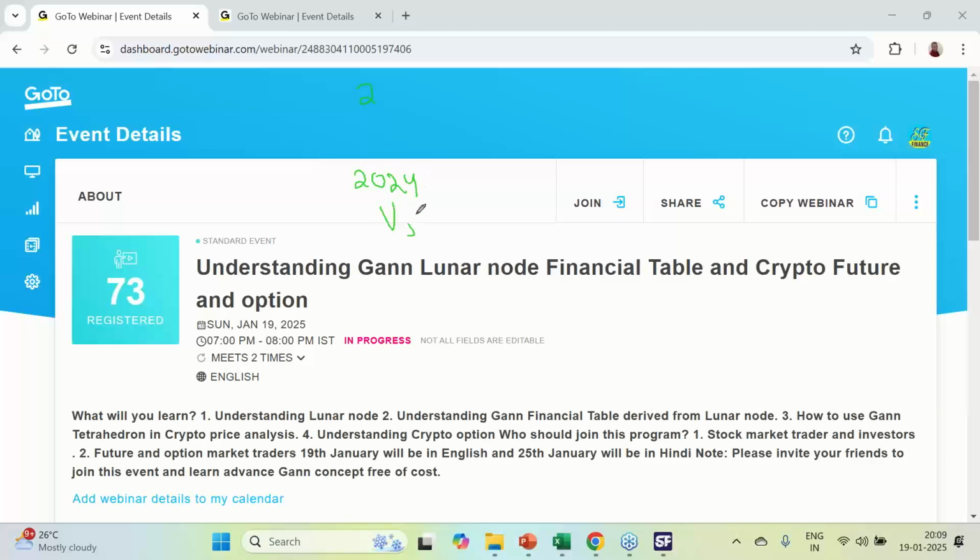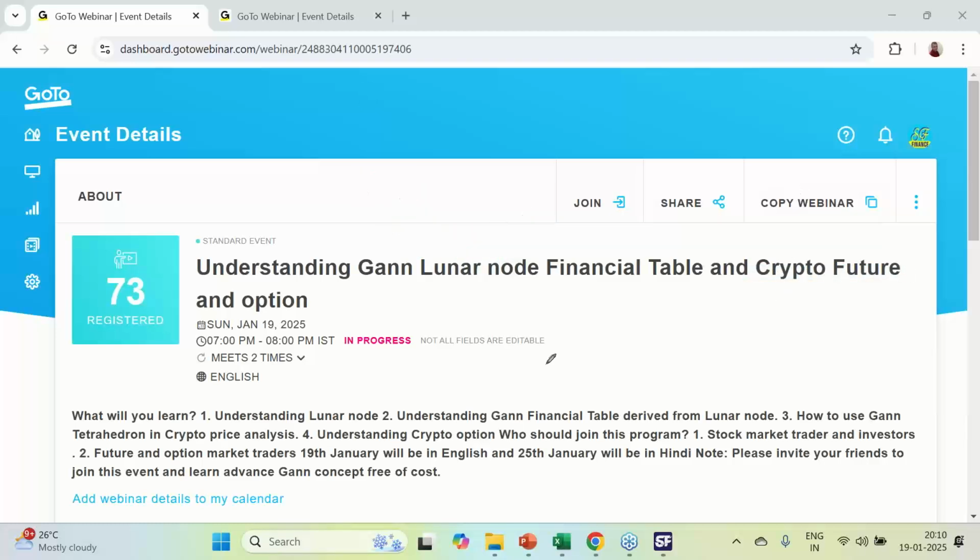Vibration number came, tetrahedron came, the global degree conversion methodology also came, and three different volatility methods to predict the trend also came. So these are the 2024 innovations. 2025 will start with the Gann Lunar Node financial table, and it will go beyond that.